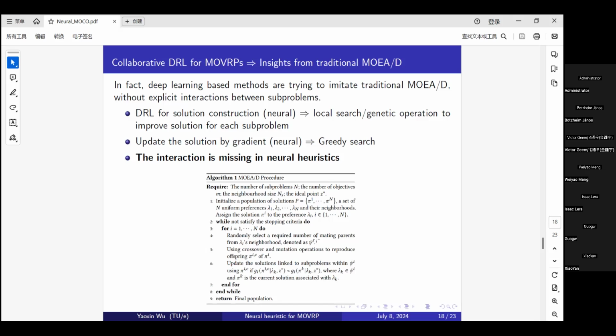So if a solution for a single objective vehicle routing problem is very good, maybe we can think that it would also be very good for another single objective vehicle routing problem in the neighborhood. And the neighborhood means a group of single objective vehicle routing problems with similar preference vectors. So we found this interaction between the subproblems is missing in the neural heuristics.